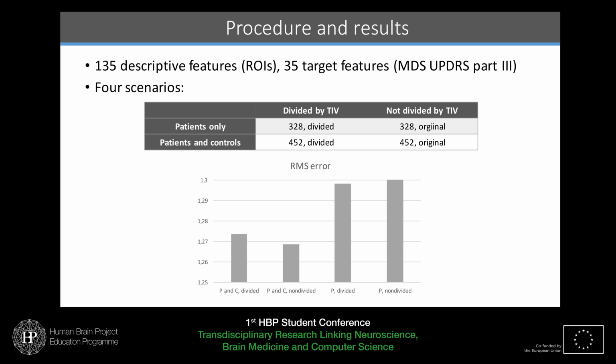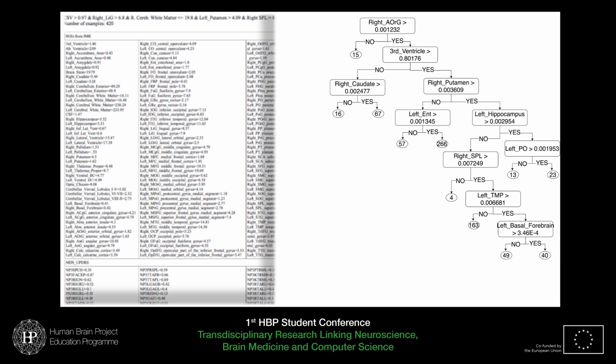So here are the results. We can see that when we have both the patients and controls, we have better results. But the division by the total intracranial volume doesn't seem to affect the predictive power of the model that much.